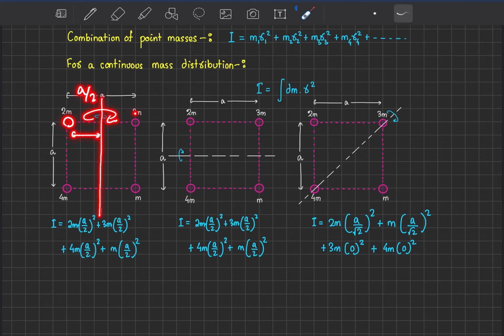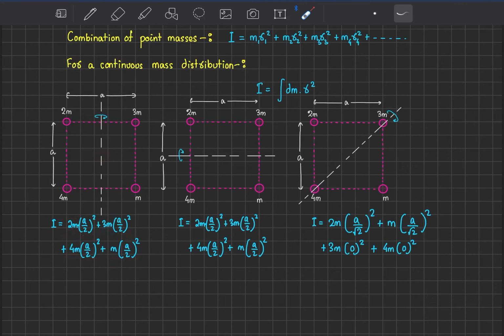For 3m also it is a by 2. For m again a by 2, and for 4m also a by 2. So for all of them the distance from the axis is a by 2. So we will apply the formula m1 r1 square plus m2 r2 square, and so on. We get 2m into distance square, 3m into distance square, 4m into distance square, plus m into distance square. This is the way we will calculate.